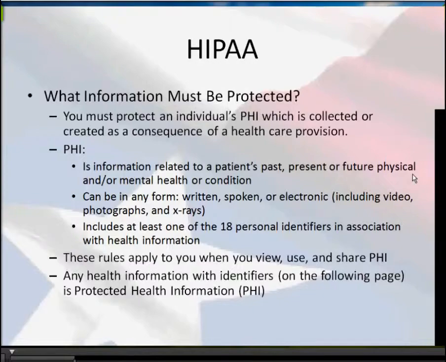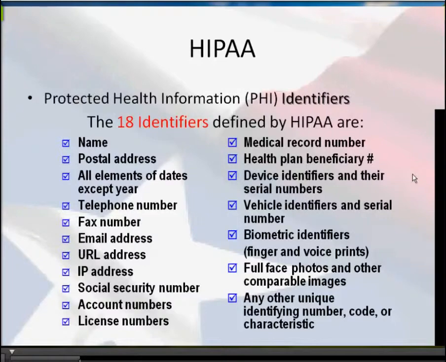And it includes at least one of the 18 personal identifiers associated with the health information. These rules apply when you use, share, or even view private health information. Any health information with the identifiers on the following page is considered protected health information, or PHI.